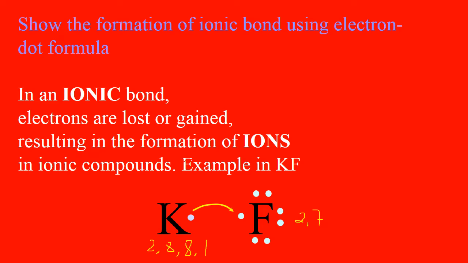So potassium loses 1 electron to attain the electron configuration of argon, and fluorine gains 1 electron to attain the electron configuration of neon. So 1 electron is transferred completely from the valence shell of potassium and added to the valence shell of fluorine.